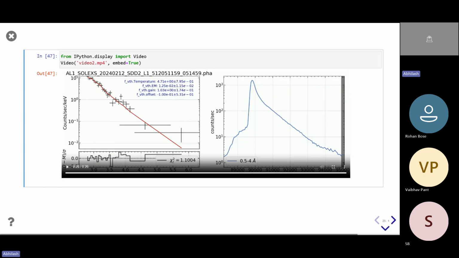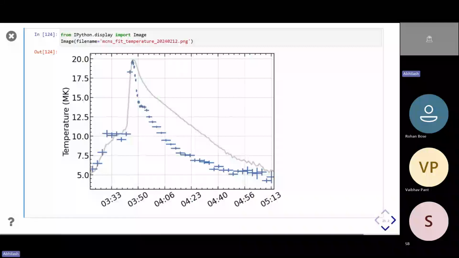So you have all the fit parameters across the different durations of the flare, and you can see how these fit parameters evolve during the flare. This is the temperature evolution during a flare, and in the background gray, I have plotted the background flux.